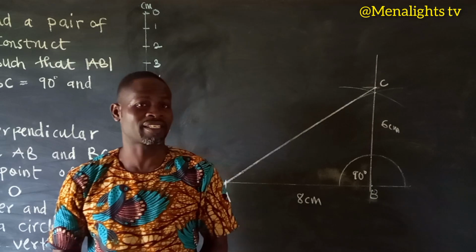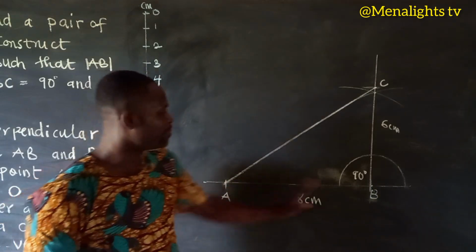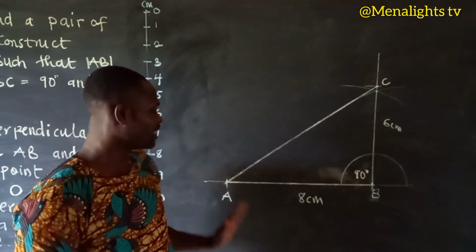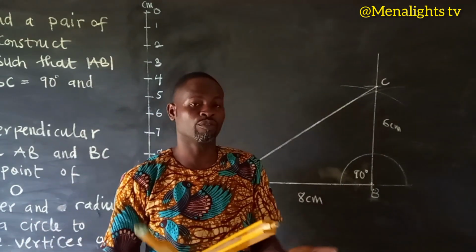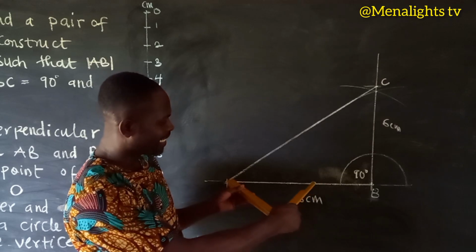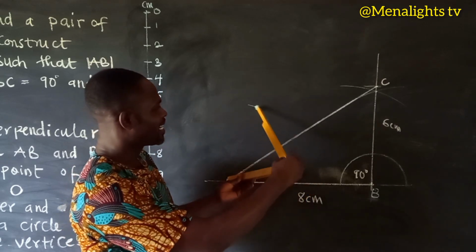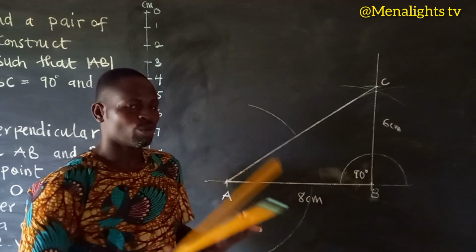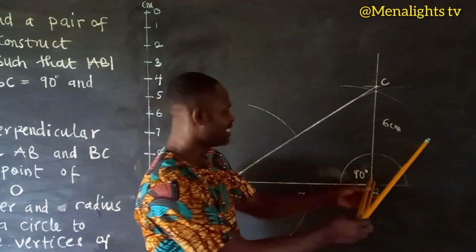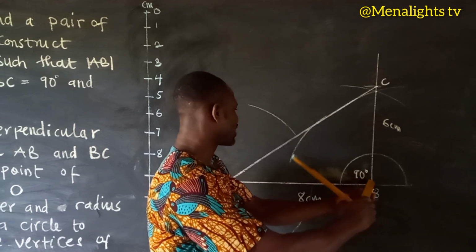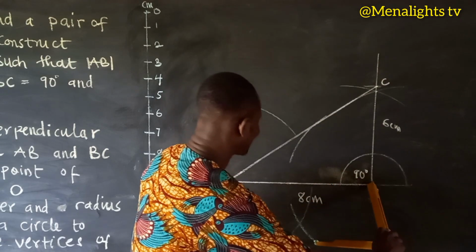So once you are done with this, the question says, construct a perpendicular bisector of the line AB and then the BC. To construct the perpendicular bisector of the line AB, you stand on A and open more than half of the line. You make an arc at the top and another one at the bottom. With the same radius, you stand at B, you make an arc to cut the first one, and another arc to cut the second one.